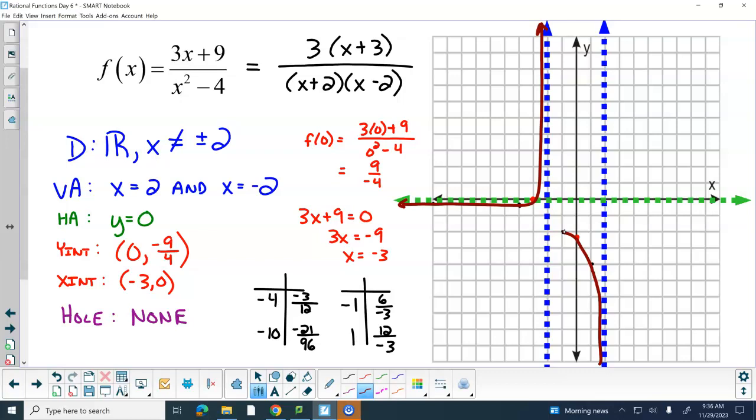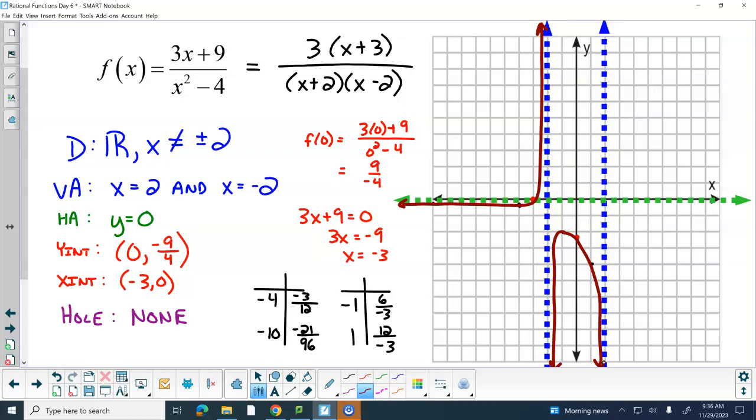So it only crosses the x-axis once. So which way does that have to go from there? It's got to go down now because it can't go up because it can't cross the x-axis. It's got to go down. Okay. You had all that information right here. If you don't have an x-intercept, you can't all of a sudden make one.